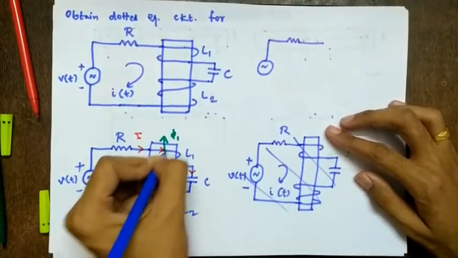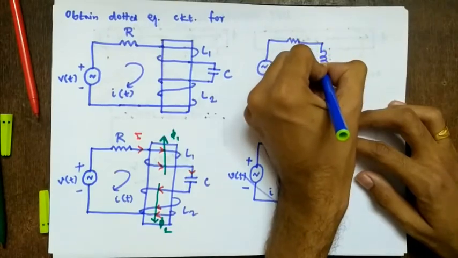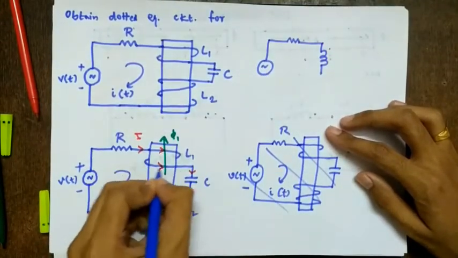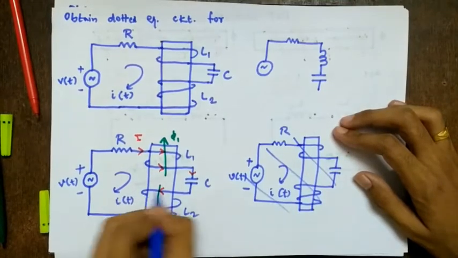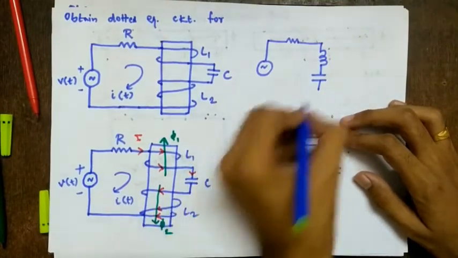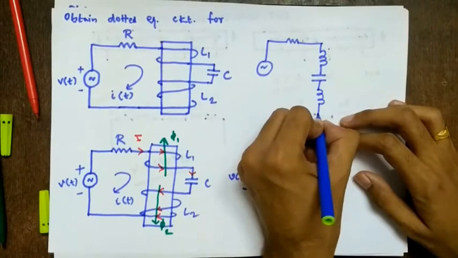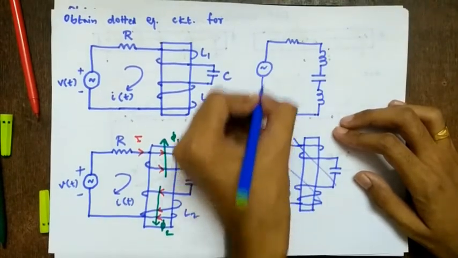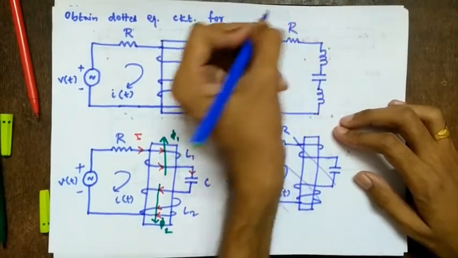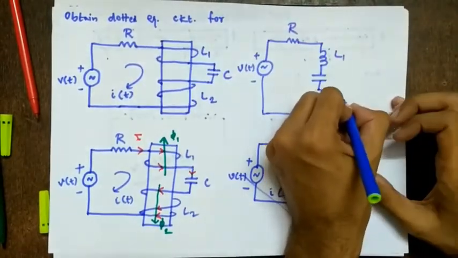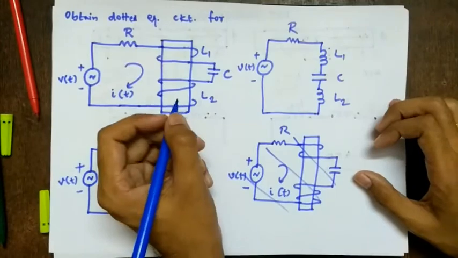I'll model this as what? Inductor L1. Then through this wire only I have a series capacitor. So capacitor, then after this capacitor again I have a coil, so it is modeled by an inductor. So plus minus V of t, this is R, L1, L2, C, right?